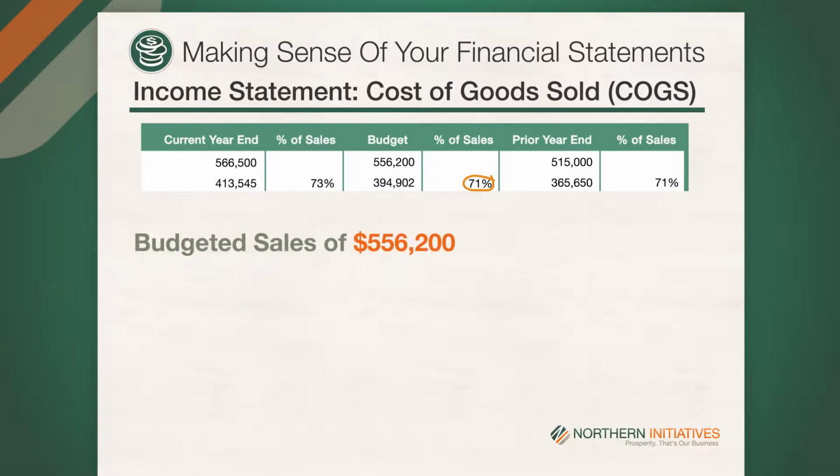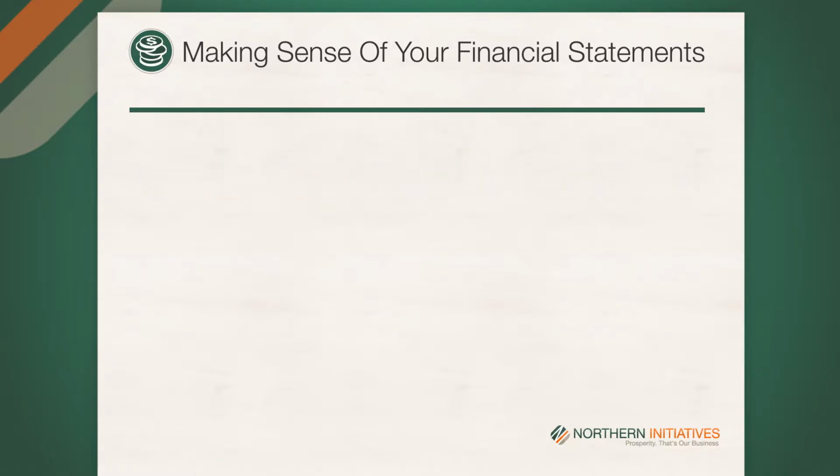Budgeted sales of $556,200 times 0.71 equals $394,902. Current year cost of goods sold is 73% of sales. The cost of goods sold dollar amount is higher because sales increased. However, cost of goods sold as a percentage of sales increased at a higher rate, leaving less gross profit than budgeted, as we will see next.